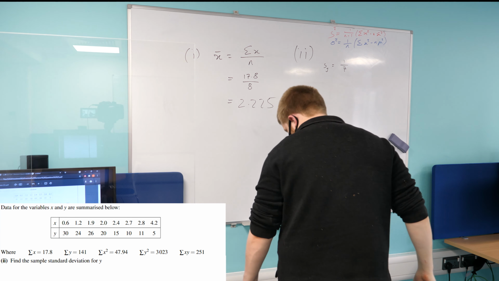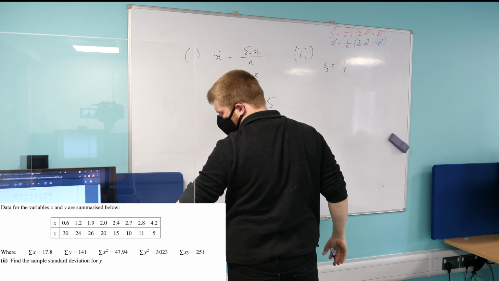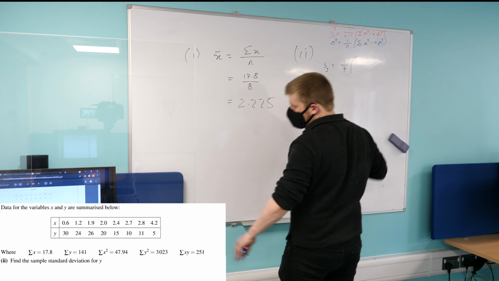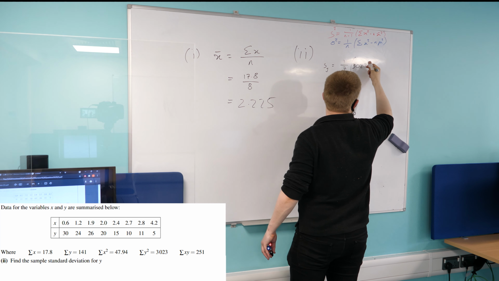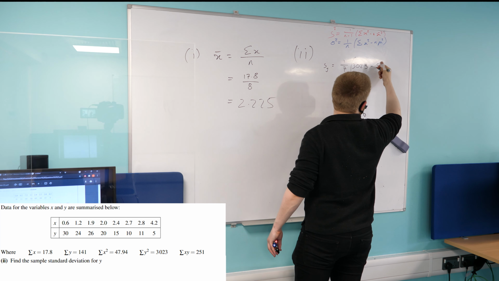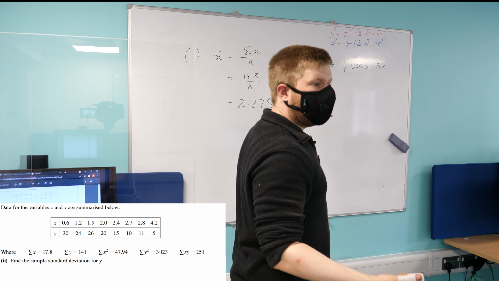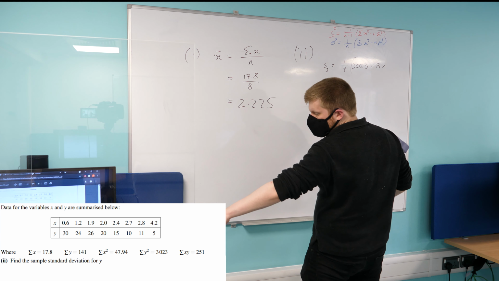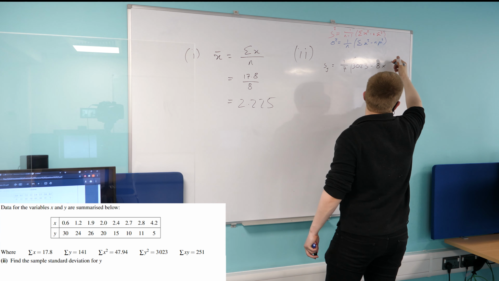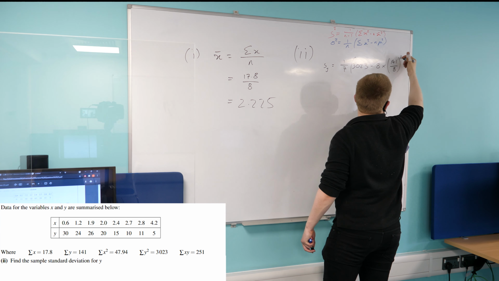Yep, because obviously 8 minus 1. Then sum of y squared, which we've been given as 3023, minus n, which is 8, times the mean of y squared. That's straightforward enough: you can just take the sum of y, which is 141, divided by 8, and then square the whole thing.